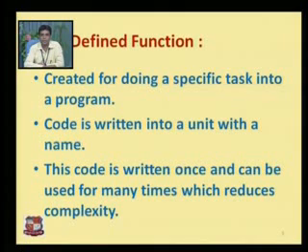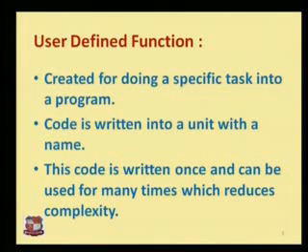The user defined functions are created for doing a specific task in a program. The user will define the particular definition, and according to that definition we can use the function.